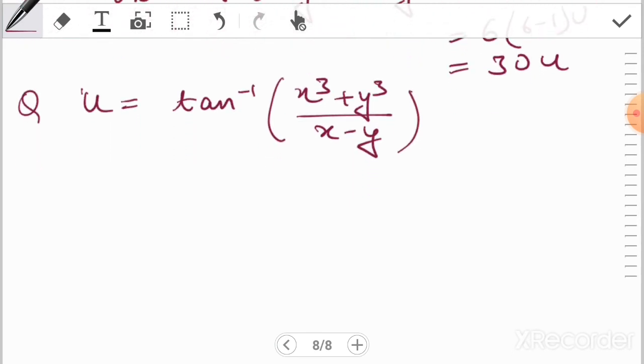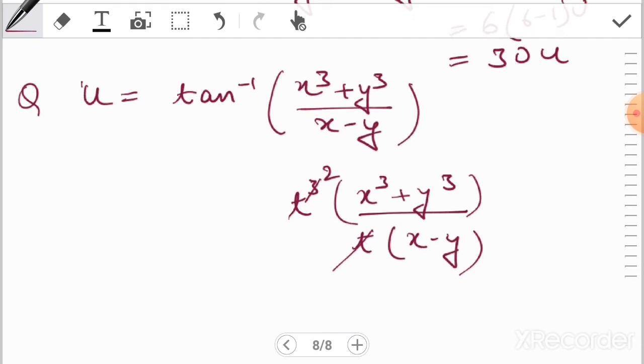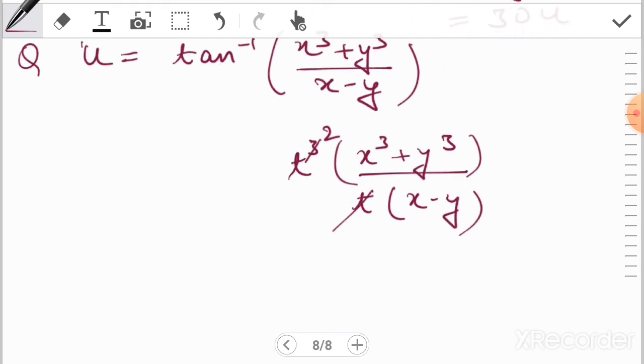Let us put tx for x and ty for y, and take t cube outside, over t times x minus y. So if you take tan on the left side, tan u is homogeneous of degree 2.